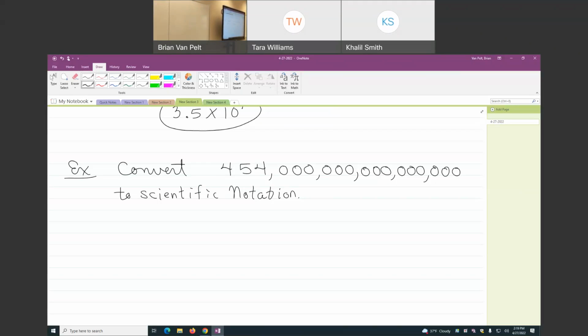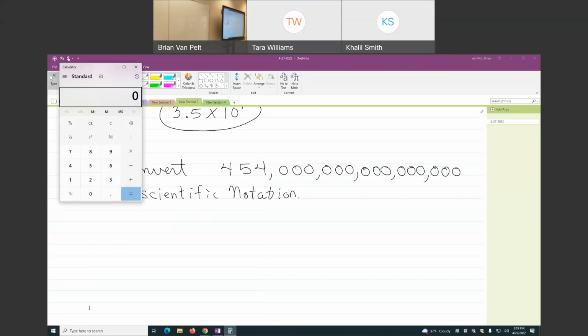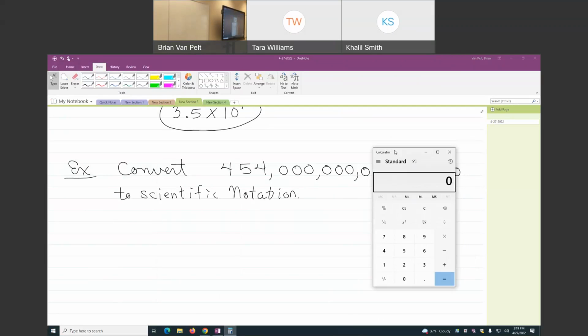In fact, to check your answer, simply type that number in long form into your calculator and hit the equals button. I think we have a scientific one on this computer. Just type what you see right there.